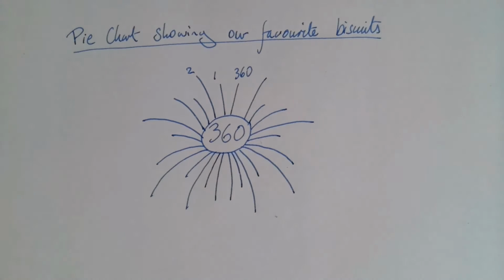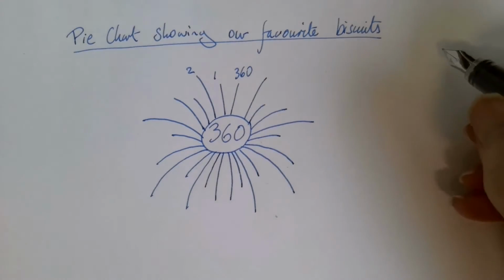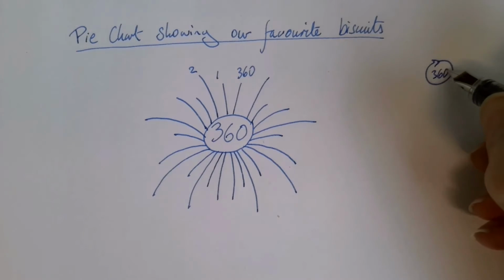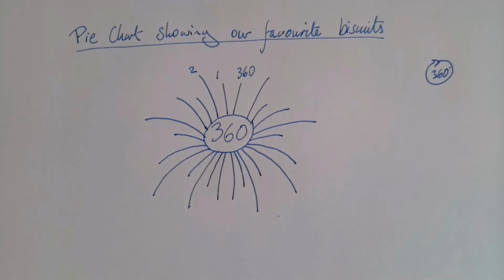And you should get to a point where you have this many factors. And this is the reason that 360 is the number of degrees in a full turn, in a circle, because it is by far the smallest number which has got this many factors.